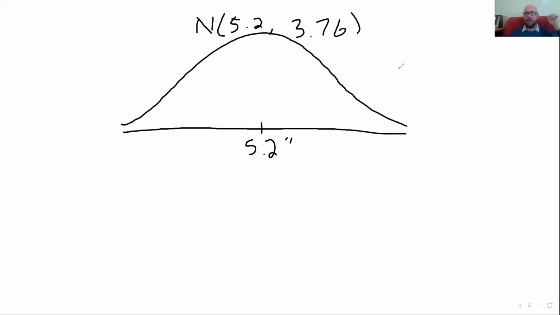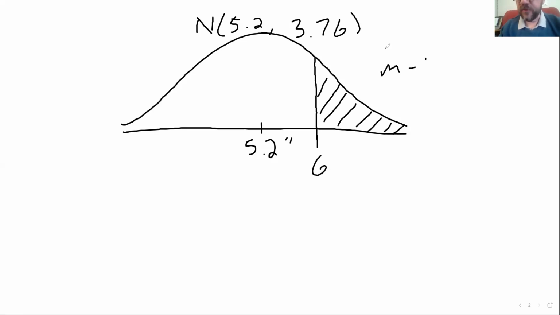This is all the m minus w's. So the probability of having m minus w be at least 6 is this area over here, where this is 6. More than 6 is this area.